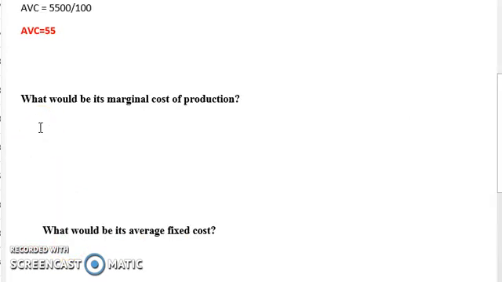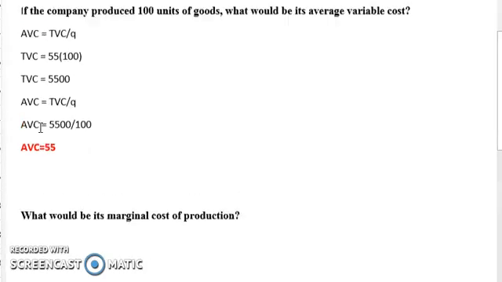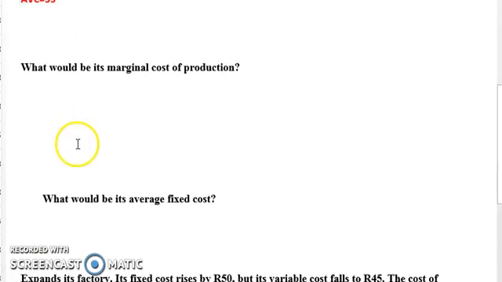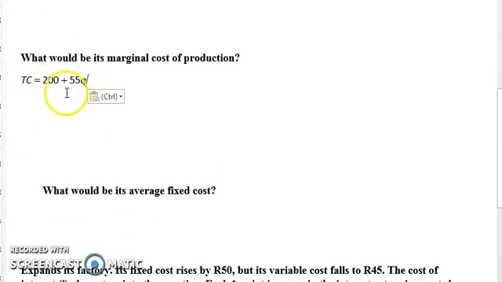The following question is, what would be its marginal cost of production? Let me state it differently. If we look at the total cost equation, we can see that the variable component is 55 times Q. So let's just write down the marginal cost.